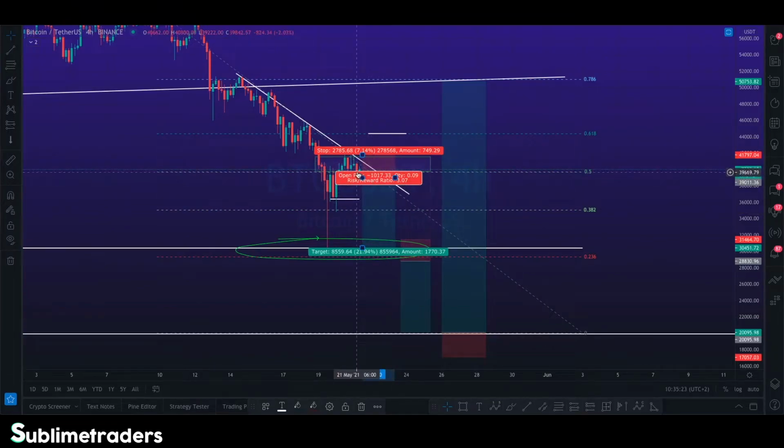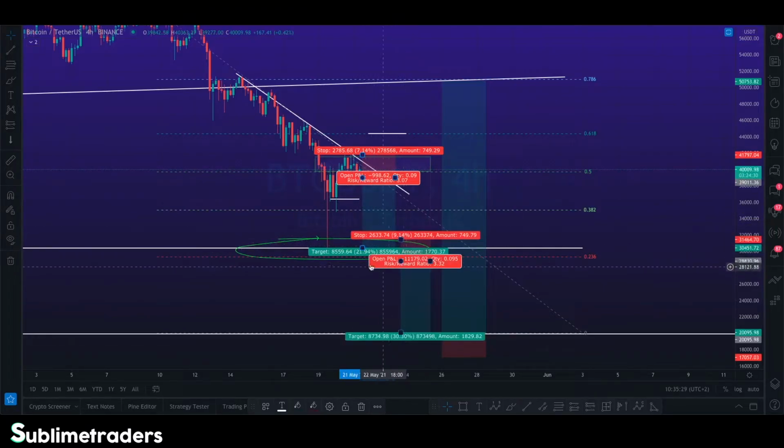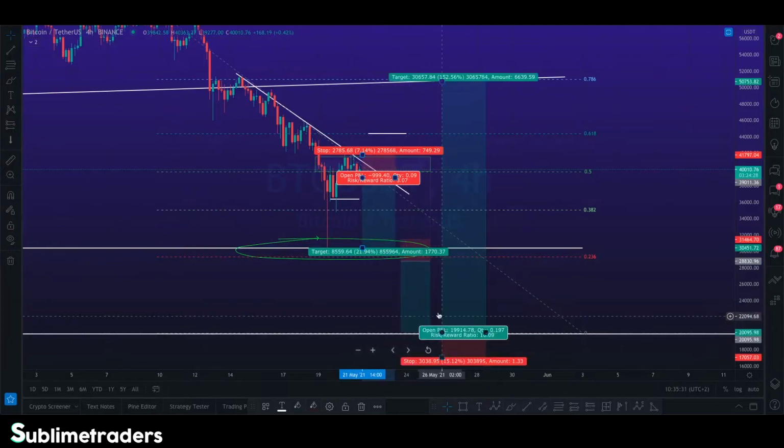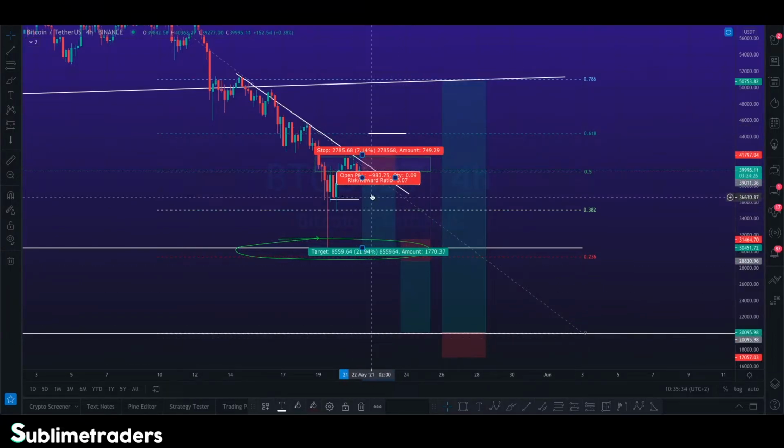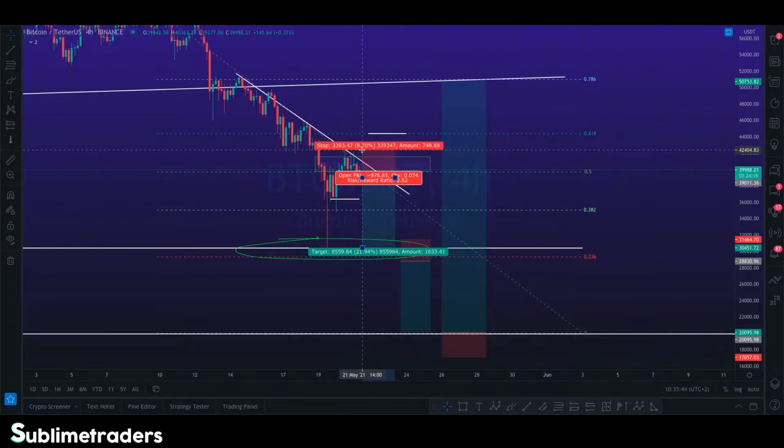Okay, so you can basically gain in both directions if the price goes to this level or even to this level right here. So first we have a short possibility right here. The stop loss should be more or less something like this. Well, if we take the wicks into account, we need to increase it.